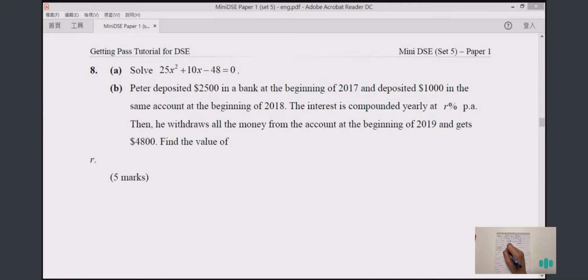The interest is compounded, and the yearly rate is R%. Okay, compounded. So the amount he can get at the end of different years will be written down in the table I show you now.